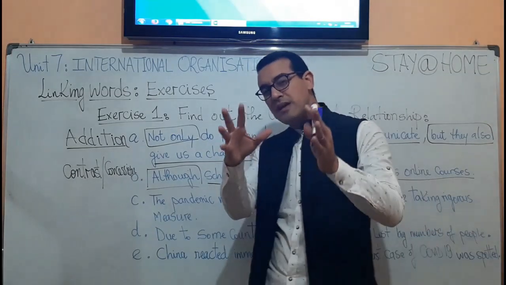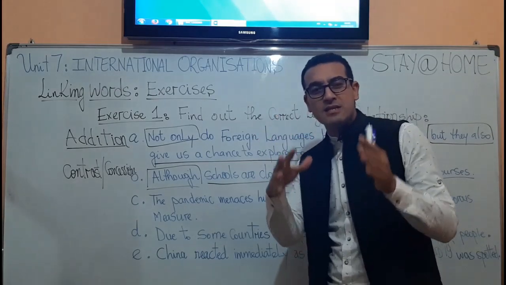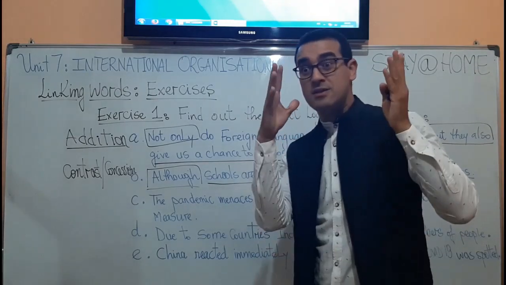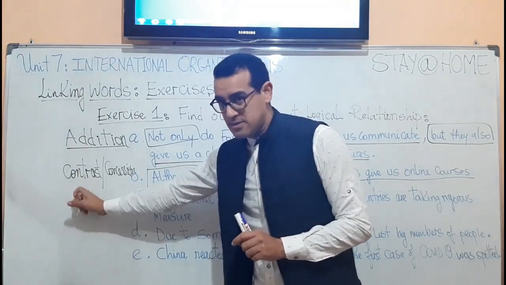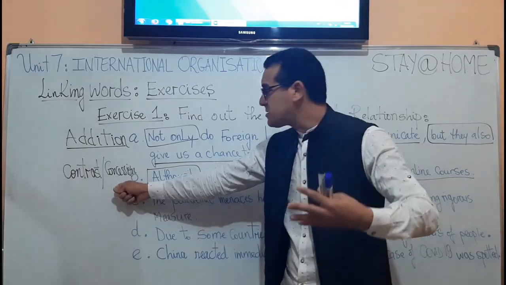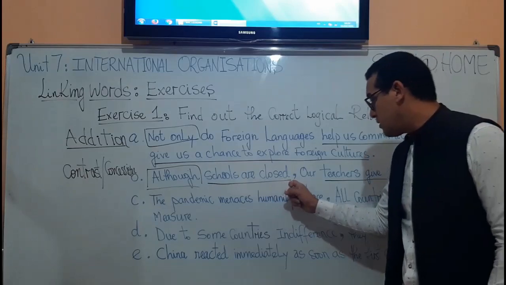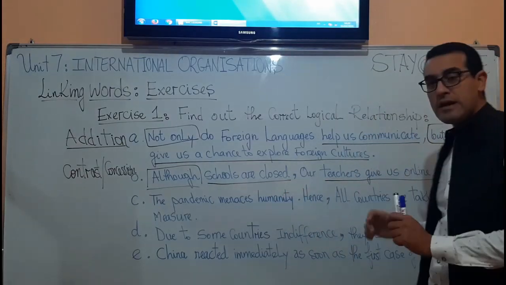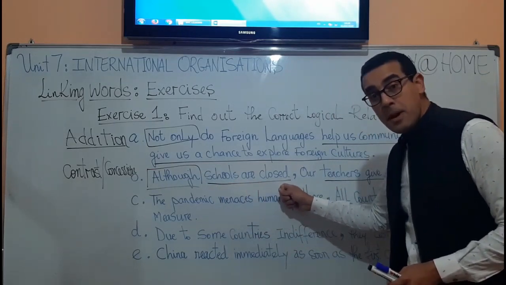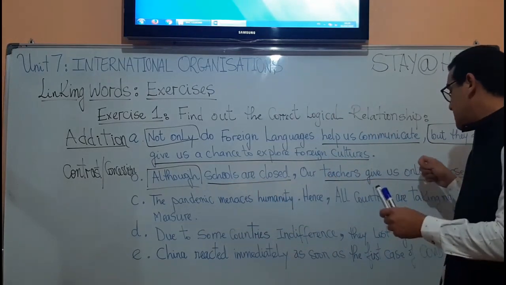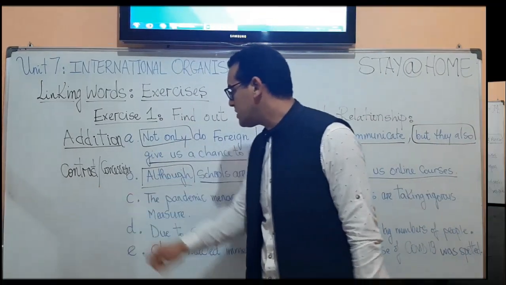So I would like you to take it not for granted, but try to assimilate it, understand it and grasp the use of although in the context of contrast. Okay, because we don't have more time to actually talk about concession here. So although schools are closed down, our teachers give us online courses. It's the same thing as schools are closed down, but our teachers give us online courses. So the logical relationship is contrast or that of concession.